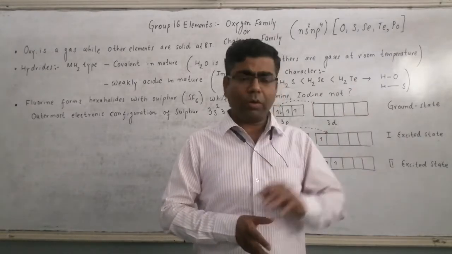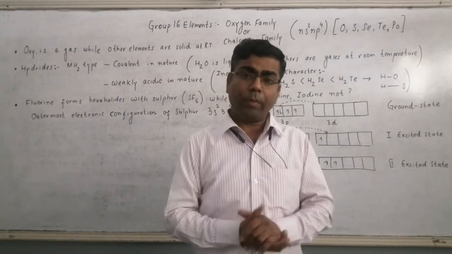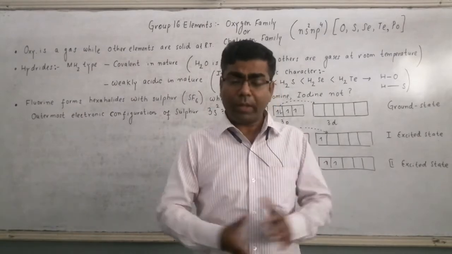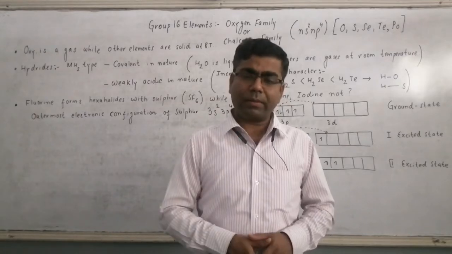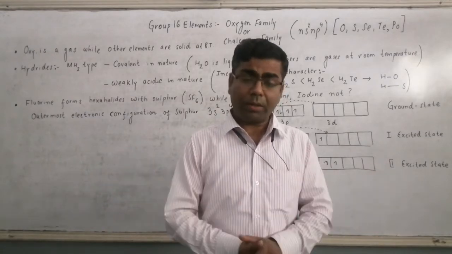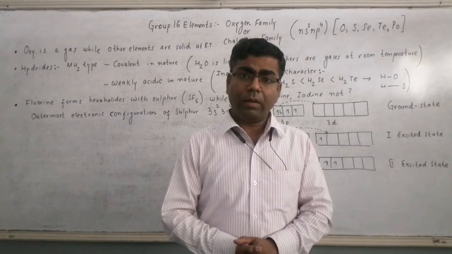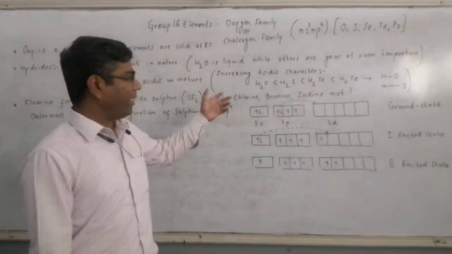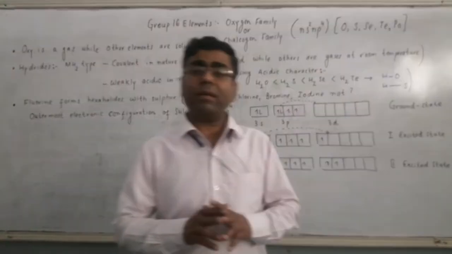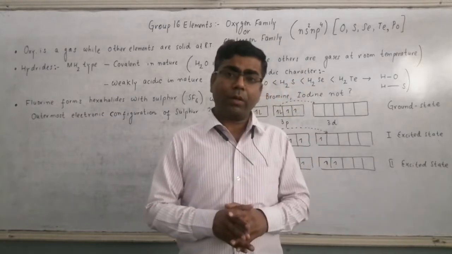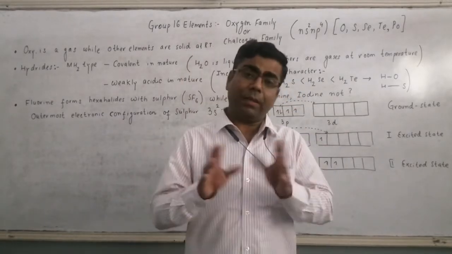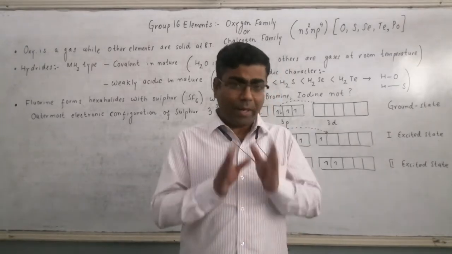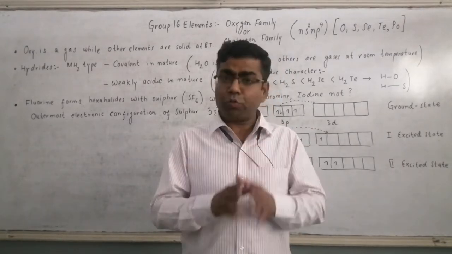If molar mass is more, boiling point will be more, and the physical state will be liquid. If molar mass is less, boiling point will be less, and we can go for a gaseous state. But here, the molar mass of hydrogen sulfide is more than H2O, but still H2S is a gas while H2O is a liquid.